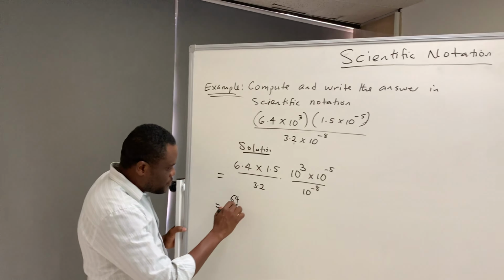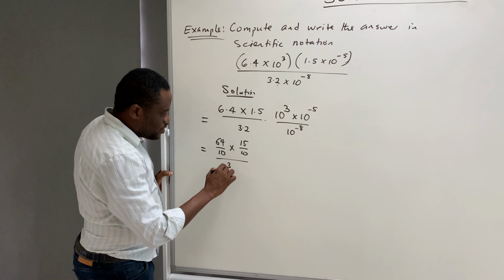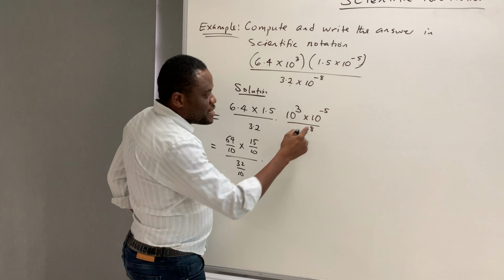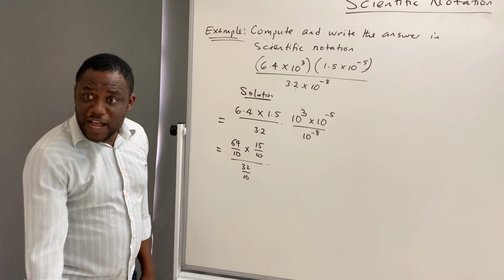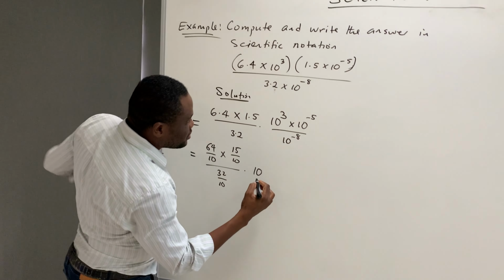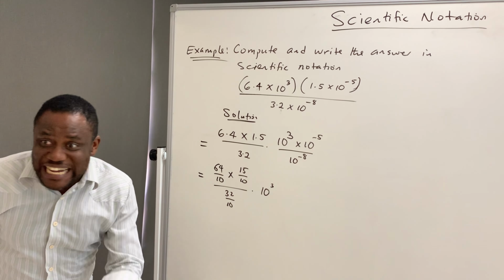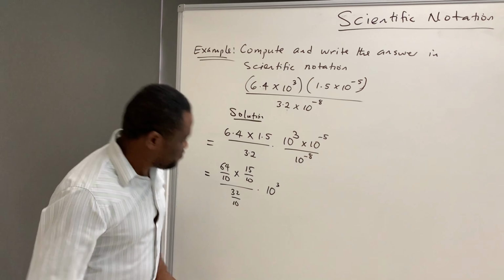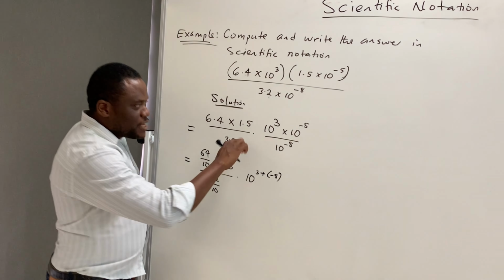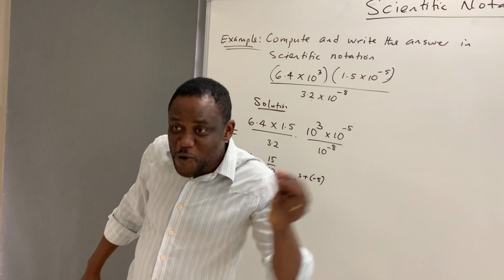So this is 64 out of 10 times 15 out of 10 divided by 32 out of 10 times 10. Here is 10, 10 is here, 10 is common. I can pick one 10 according to the rule. So I can say 10 to the power of 3. Multiplication becomes addition, the product rule. Plus minus 5. Division becomes negative, the quotient rule.